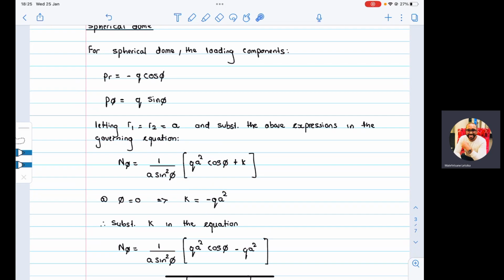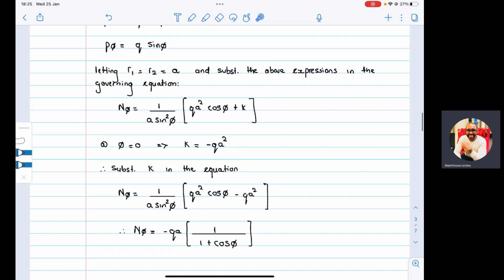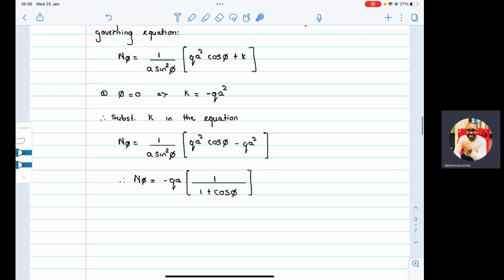Okay, and then if you substitute K into the equation, you should get this scenario here. And then, of course, if you further manipulate, which will not take a long time, but it will really test your trigonometric identity skills that you used to do all the way from grade 10.